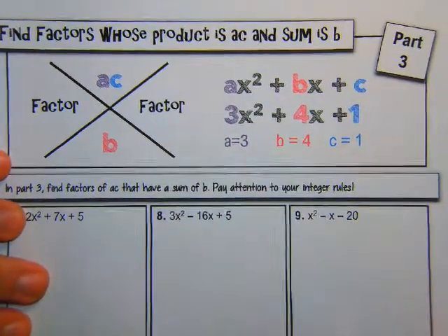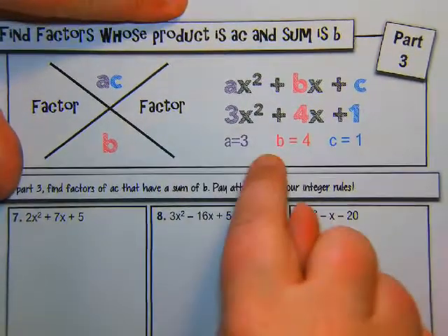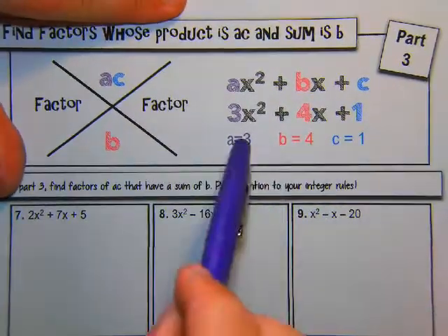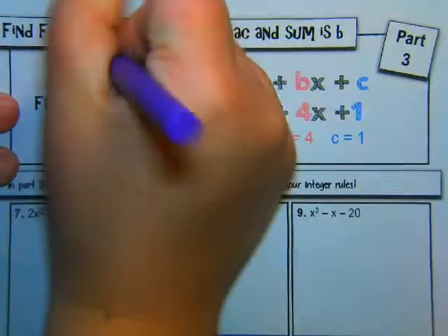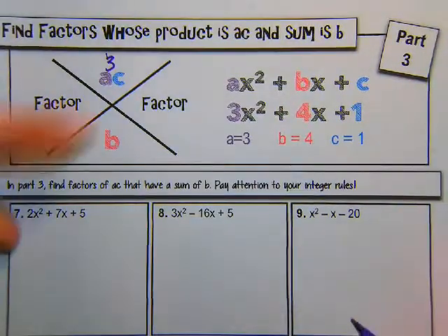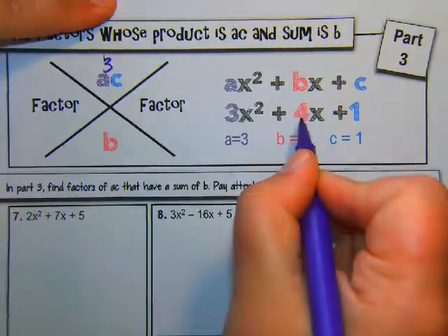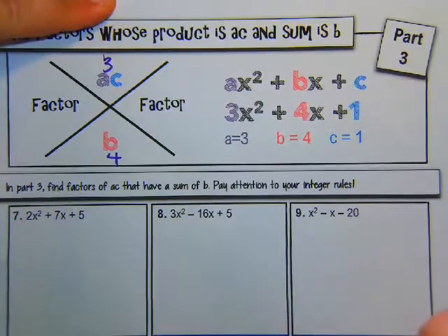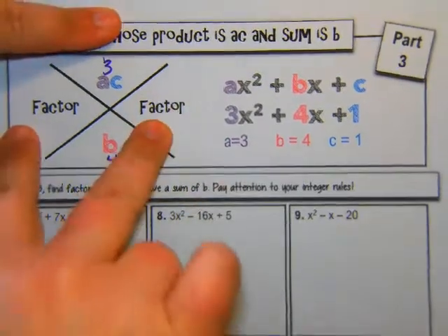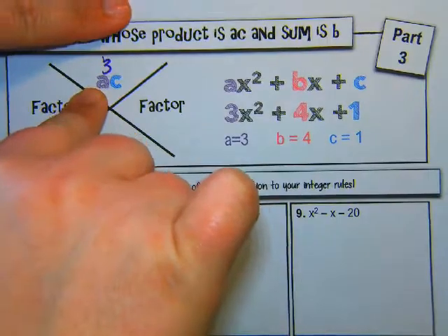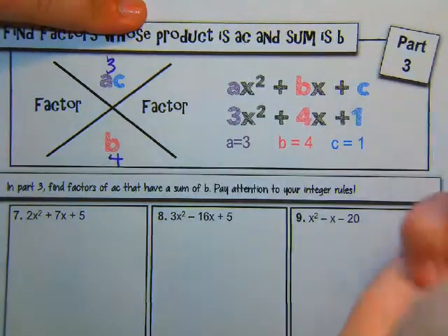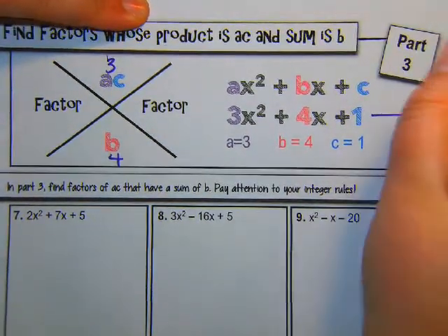So, for example, in this case, if we do A times C, 3 times 1, that is 3. Now I have my top number. Then I get B is 4, that's my bottom number. I need to find what 2 numbers will multiply to 3 and add to 4. So I need to put a table somewhere, it doesn't matter where I put it.